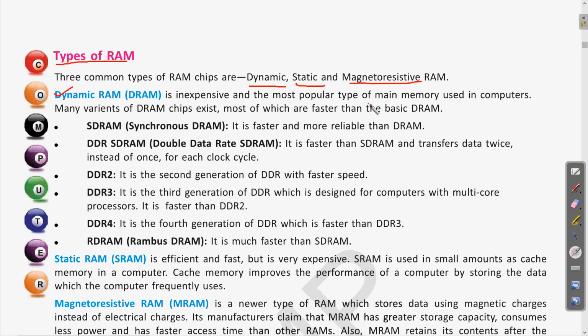So this is the inexpensive and most popular type of main memory used in computers. Many variants of the DRAM, that is dynamic RAM chip, exist, most of which are faster than the basic DRAM. Clear? So DRAM is the basic RAM, a popular type which is used mostly.